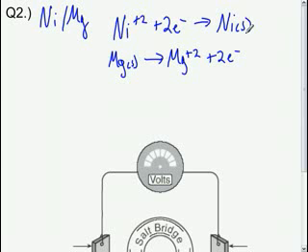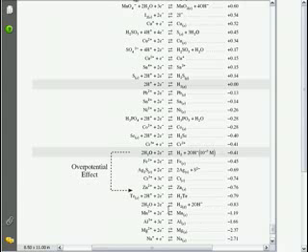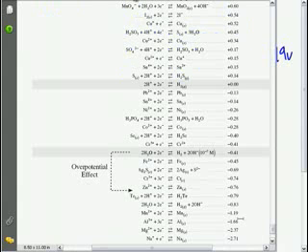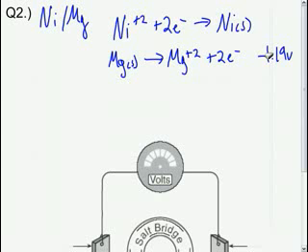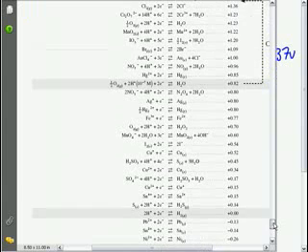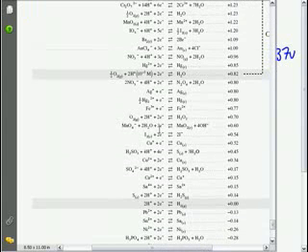We can get the overall reaction E0 for the cell right away. We just need to determine what are the E0 values for each half reaction for nickel and magnesium. For magnesium, it is minus 1.19. Right here. Oh, that was manganese. Magnesium is actually negative 2.37 volts. And for the nickel system, here it is.